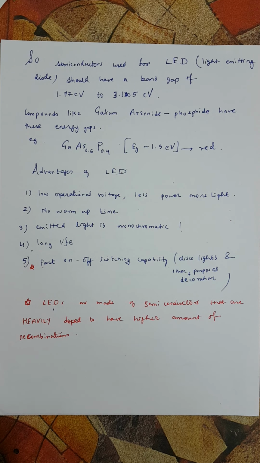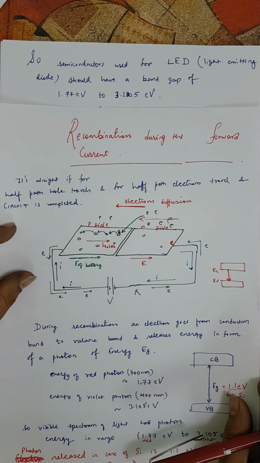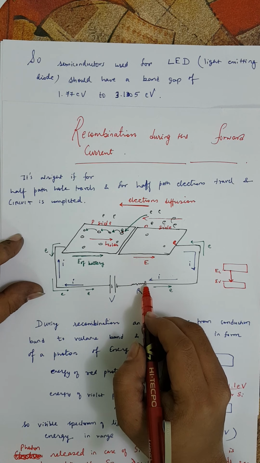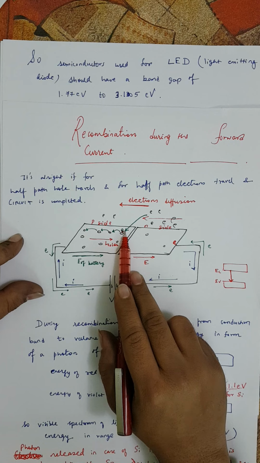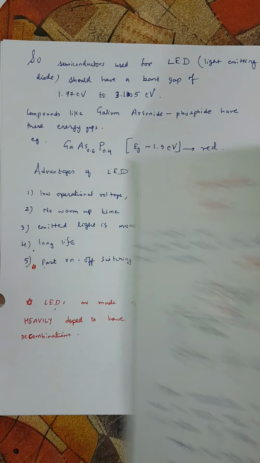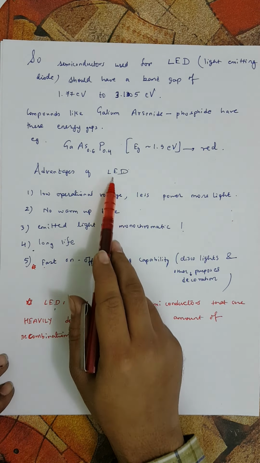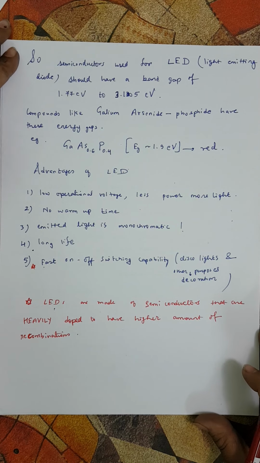But in the case of disco lights, we want all these things to happen very fast. So in the case of LEDs, which are made by PN junctions, as soon as we open the switch, the current immediately stops. And as soon as the current stops, recombination stops, and there is no light. So one of the advantages is that these LEDs can be used in discos, and we can have nice dancing and everything, isn't it?